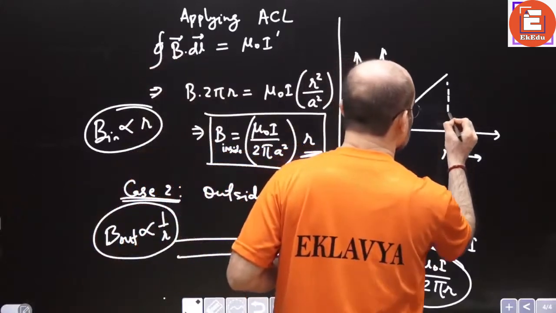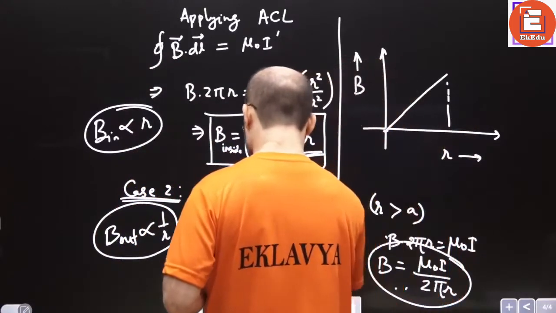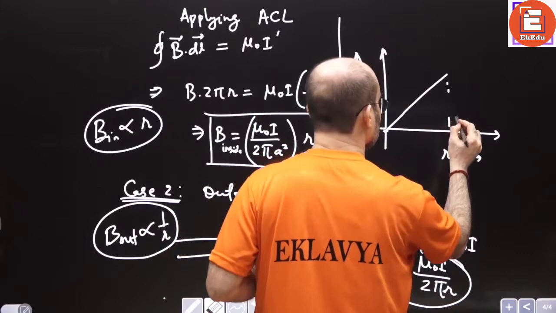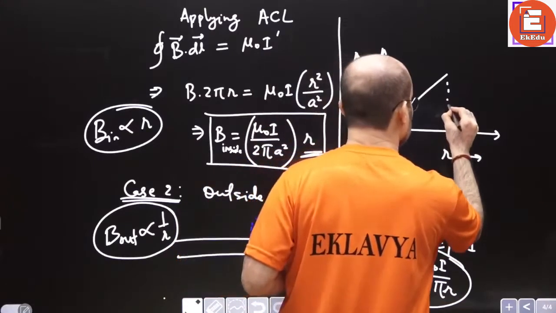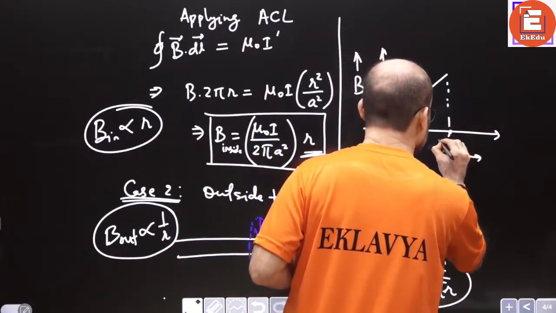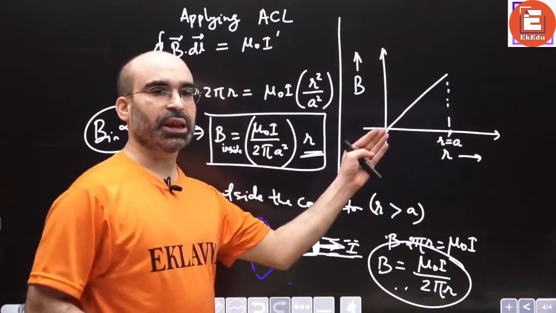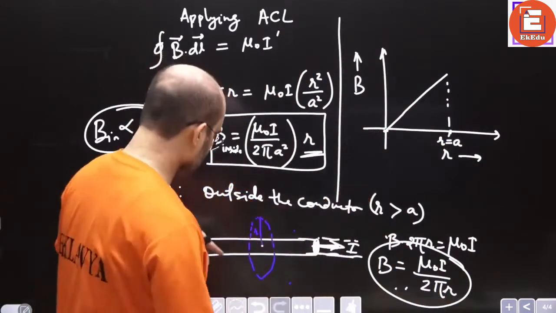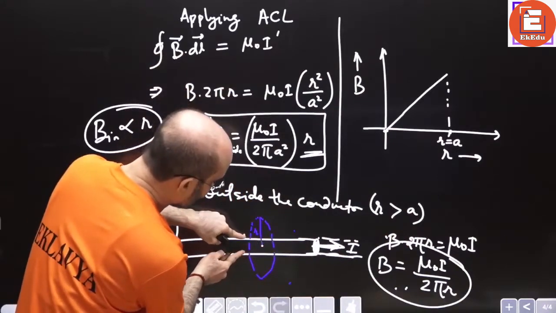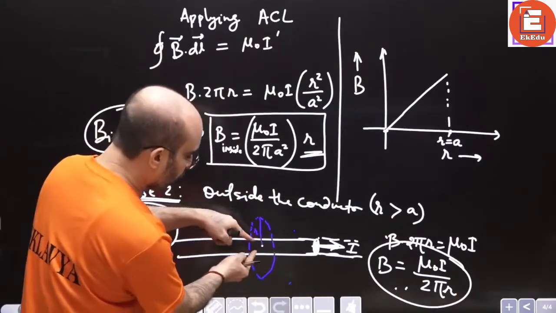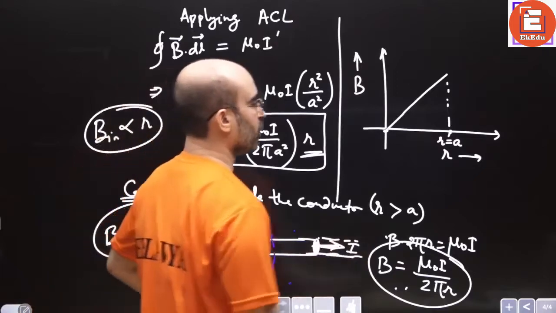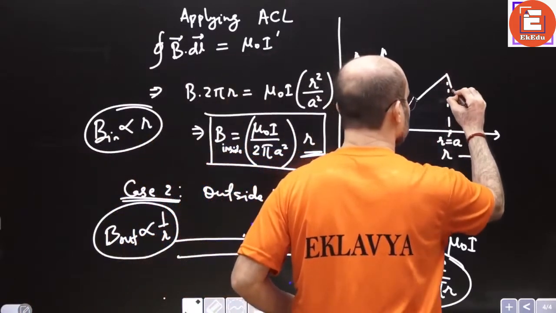So if it is increasing here, there is a dotted line I have taken. So this is R equals A. Beyond this, if you increase the value, till here, magnetic field is increasing. Beyond this, it is decreasing.